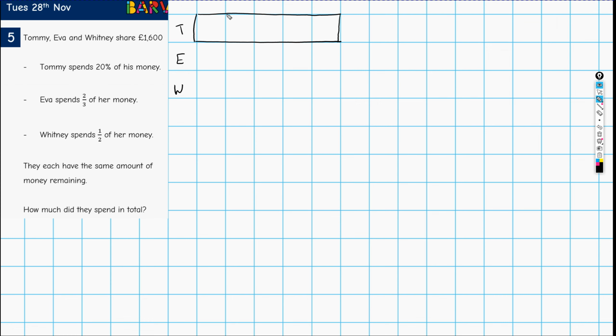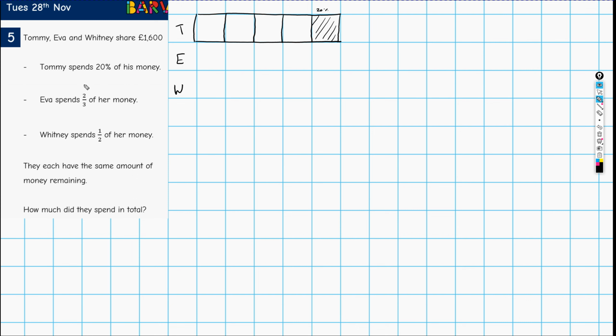But actually what I'm going to do is split it into 5, because I also know that 20% is 1/5. This will be what Tommy spent. That's the 20% that Tommy spent.